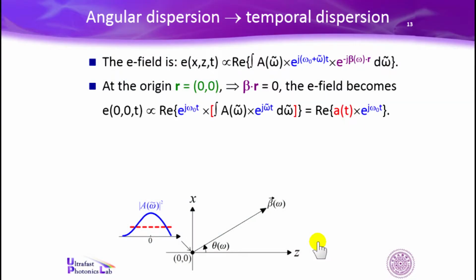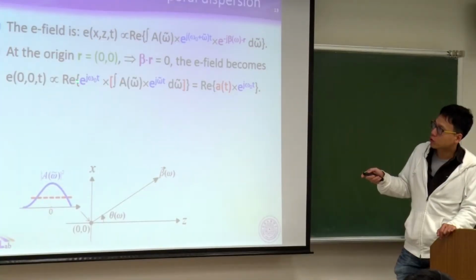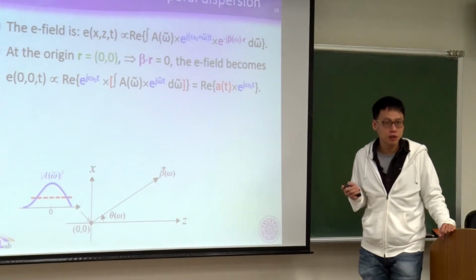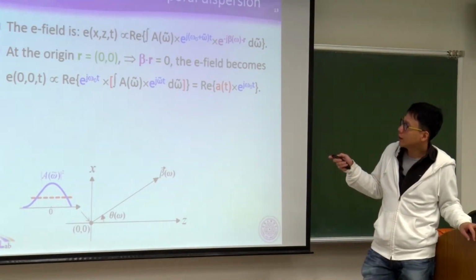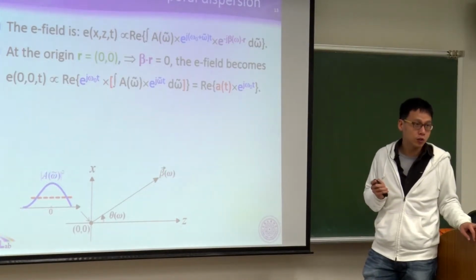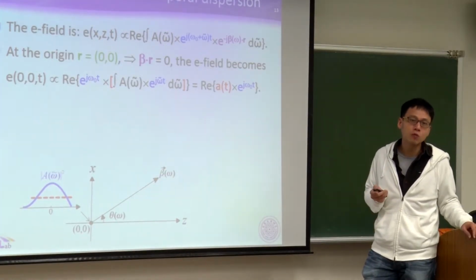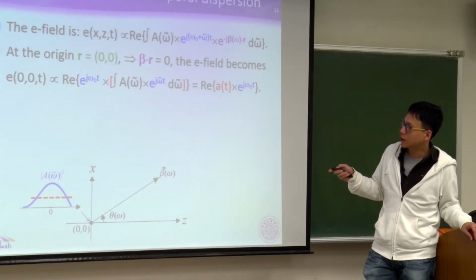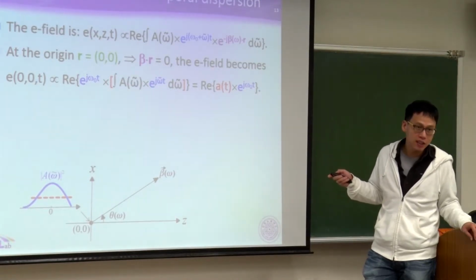So your electric field becomes proportional to the real part of a simpler formula. Here you can extract e to the j omega 0 t out of the integration because it's independent of the omega tilde variable. All you have to integrate is A of omega tilde times e to the j omega tilde t.